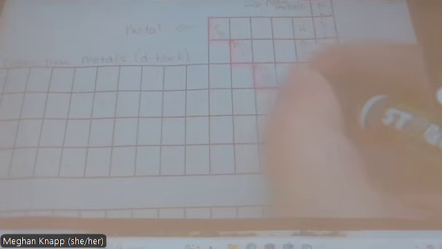And then the ones that sit right on top of the line are brown here. Those are our semi-metals, and you can see there's two that sit right underneath it. So that's where I said almost everything to the left of it. So there's two, Ge and Sb, that are also semi-metals.